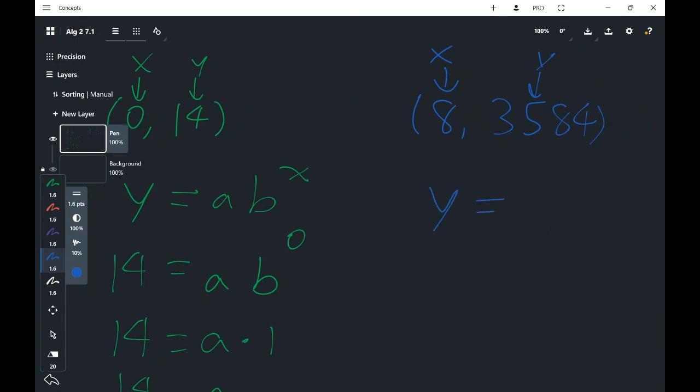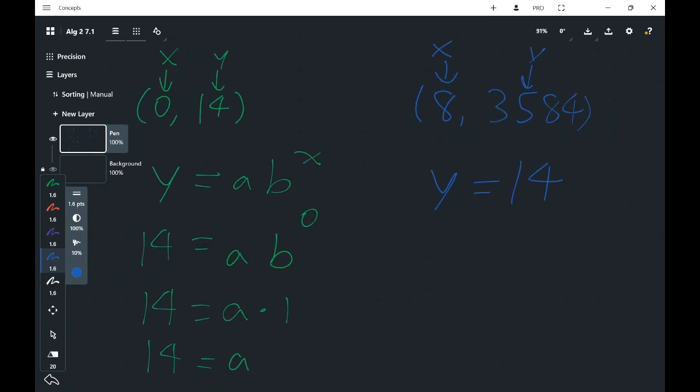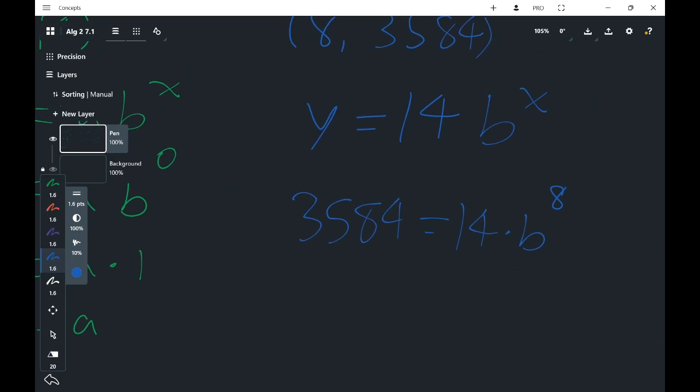Y equals a. Well, a, remember, we know now is 14 and it's b to the power of x. So let's replace x and y. It's 3584 equals 14 times b to the power of 8 in this case. So first thing, if I'm going to solve for b, I'm going to divide both sides by 14.